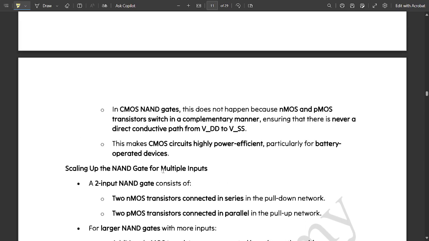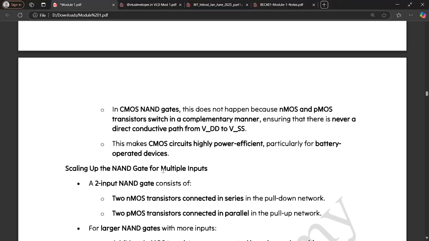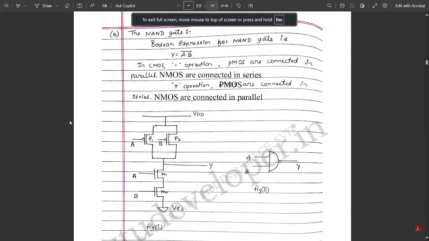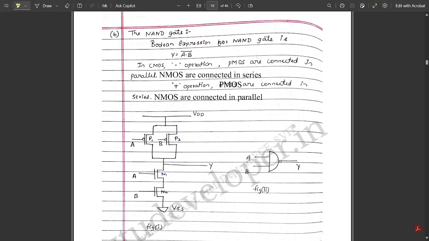Now let us see the circuit diagram and analyze how this NAND gate works. See here, the NAND gate. The Boolean expression for the NAND gate is y equals (A dot B) the whole bar.